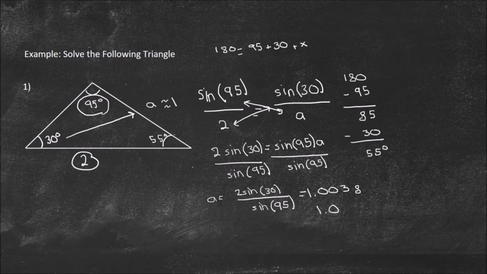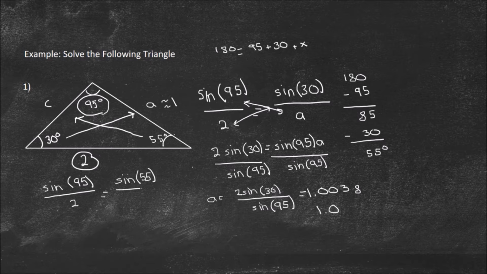So I figure that angle out, and then I can do the law of sines yet again to figure out the last side, that we'll call c, that's opposite the 55-degree angle. So again, let's start with the same ratio that we had in the original. So we're going to say sine of 95 divided by 2 equals, but now we're going to say sine of 55, because that's the angle that we're working with here, divided by c, and we're going to solve for c.